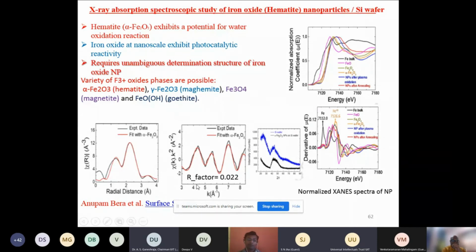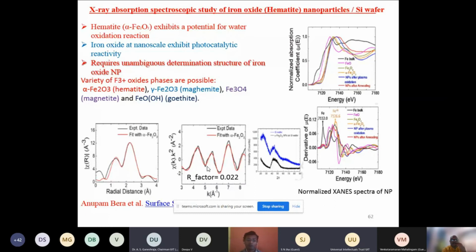Like this is the R factor, which is a measure of the fitness of the experimental spectra. So this gives a fingerprint for the unambiguous determination of the structure of iron oxide nanoparticles.